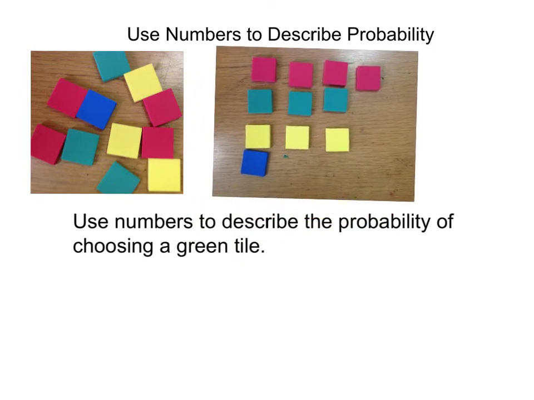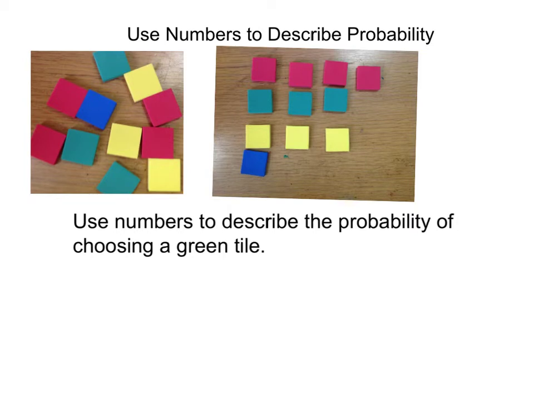So we can see now that there are 4 red tiles, 3 green tiles, 3 yellow tiles, and 1 blue tile. In total, this would be 11, because 4 plus 3 is 7, plus 3 is 10, plus 1 is 11. So what they want for us to do is to use numbers to describe the probability of choosing a green tile. So remember that probability means how likely it will be.